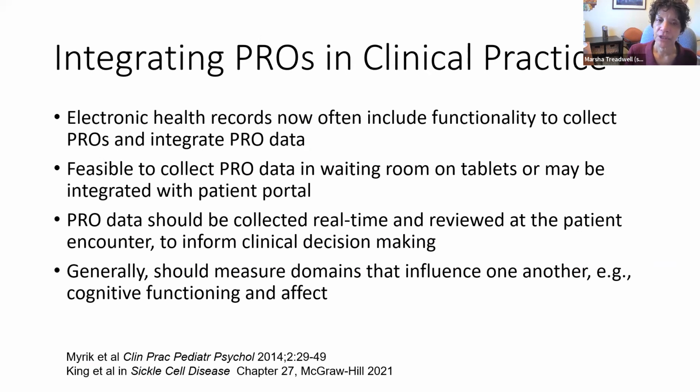And the one thing I didn't mention is that besides pediatric, adult, generic, and disease-specific measures, there also are proxy measures that a parent or caregiver can complete for a child. It's been shown that those measures don't have a one-to-one correspondence. So as a child gets older, it's important to have both a parent do the proxy measure as well as the child report on their own.